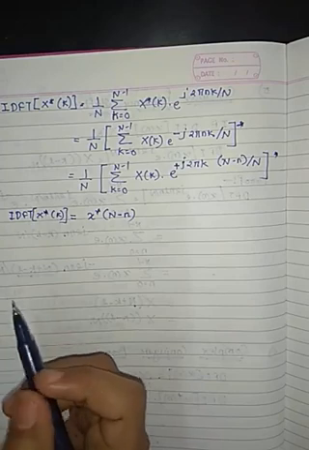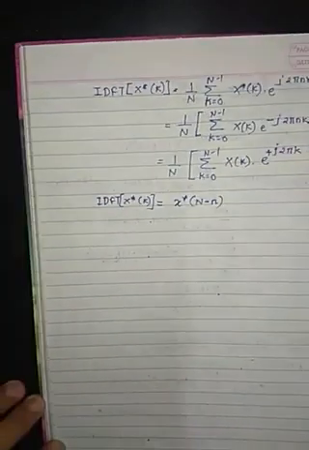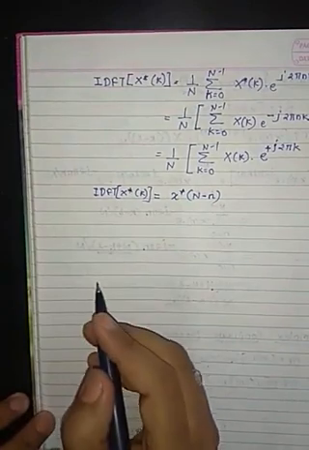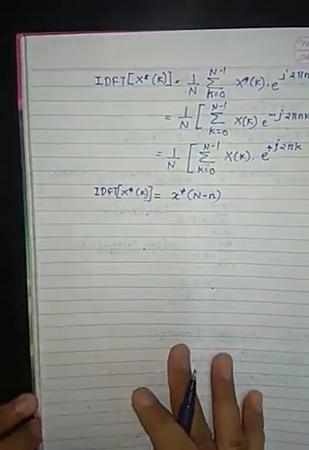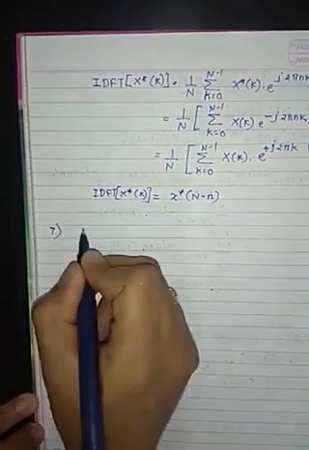Now we are going to see the next property of the DFT, the circular convolution. It is our seventh property.